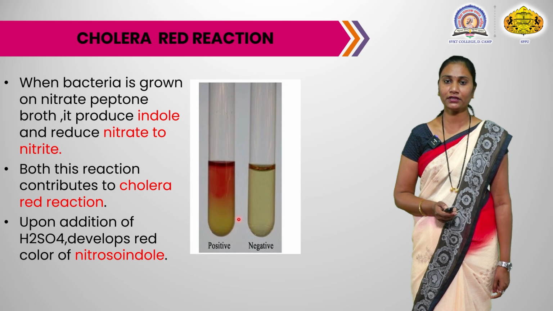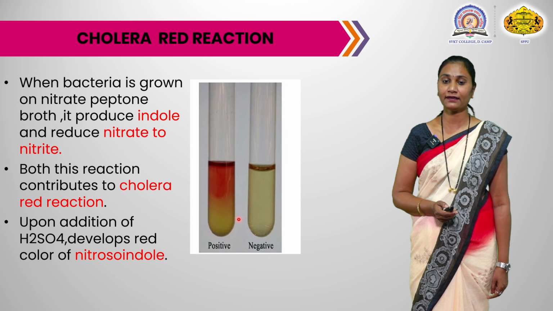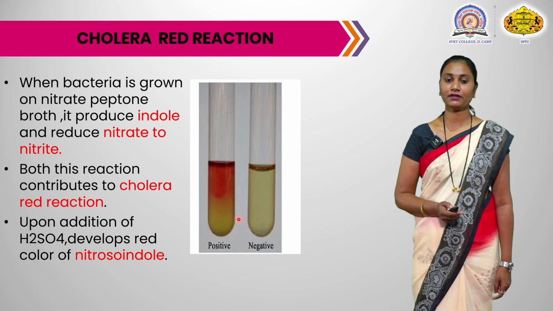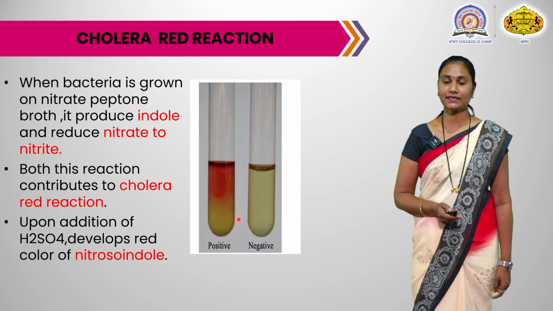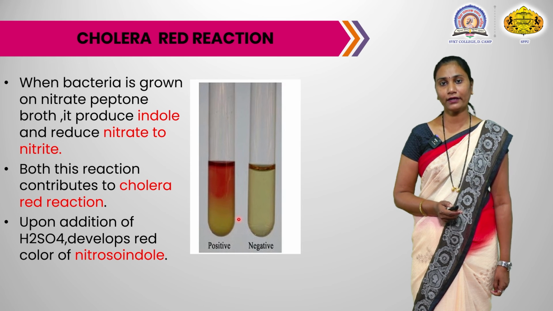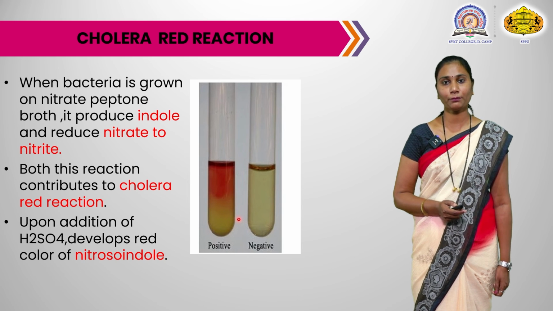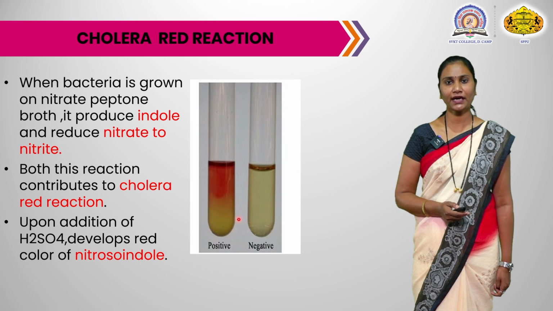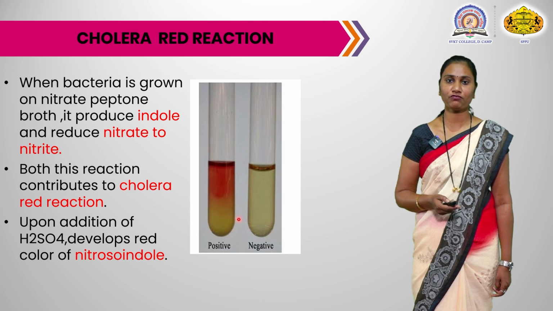So in this particular image you will be able to observe the red color that is formed. This red color is formed because of a complex, the nitroso indole complex, that is formed because of the reduction of nitrate to nitrite and because of indole production. So the Cholera Red reaction is a very important biochemical characteristic of the organism which can be used for identification of cholera from a sample.